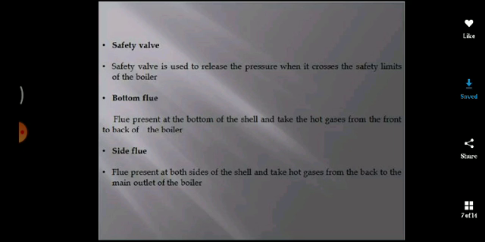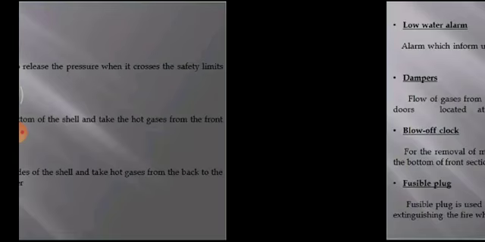The side flue is present on both sides of the shell and takes hot gases from the back to the main outlet of the boiler. Hot gases are passed through the flues on both sides of the shell toward the main outlet.